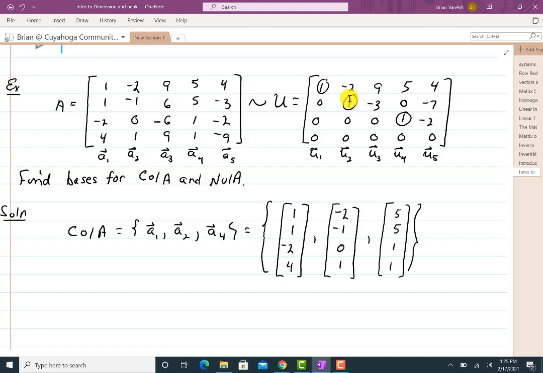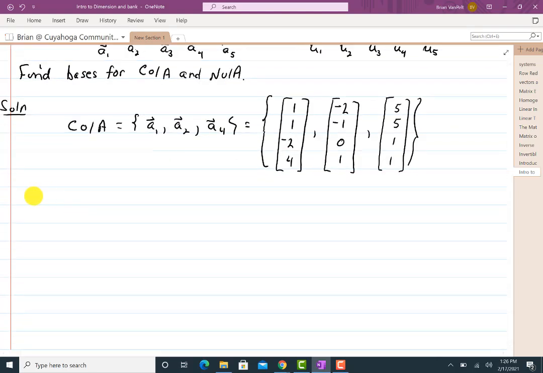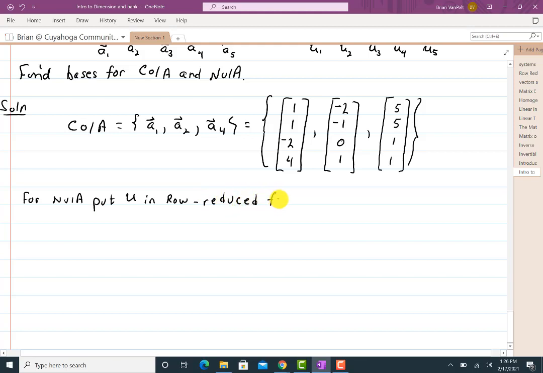So when you're finding Null A, your best bet is to clean the U up as much as possible. So for Null A, put U in row reduced form.